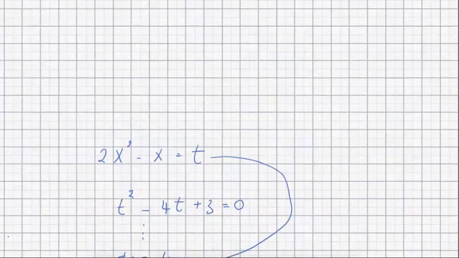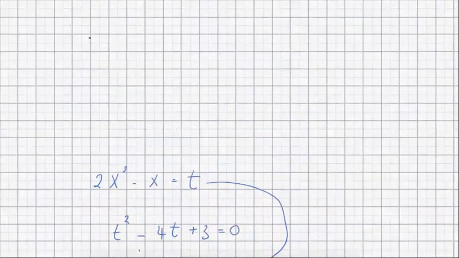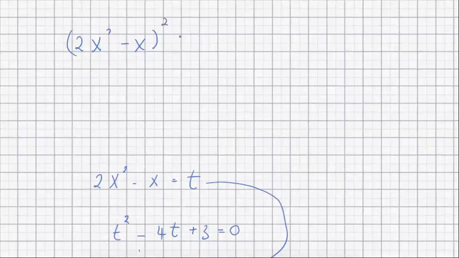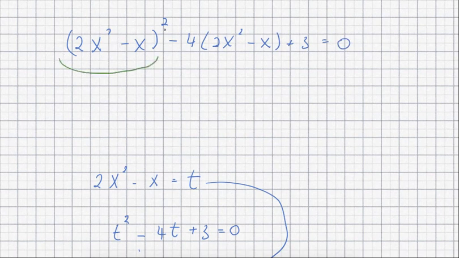So just to make sure, the question itself is like that. You have this one squared minus 4 blah, blah, blah, plus 3 equals 0. Now, you need to understand that you have something here squared.